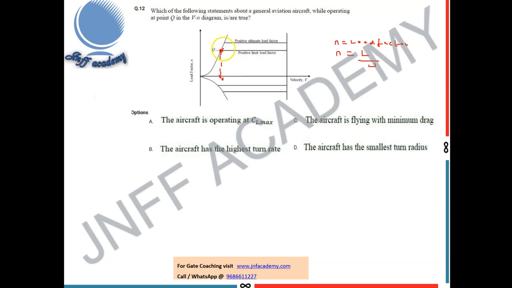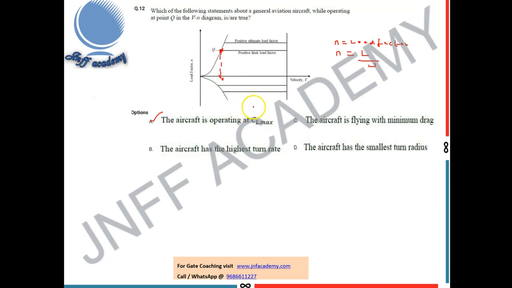Then only it can have maximum load factor, because your L is dependent on your CL as well, whereas you are flying at a very low velocity. So you have to fly at a very high CL max, then only you are able to be airborne. So the aircraft is operating at a CL max condition. That is true. This statement is right.